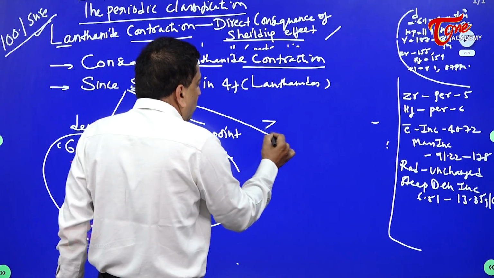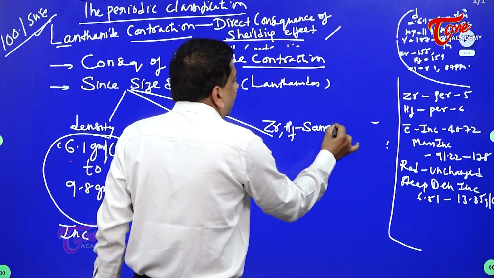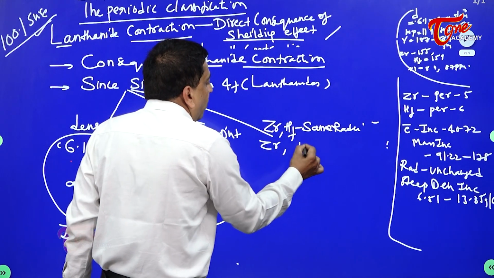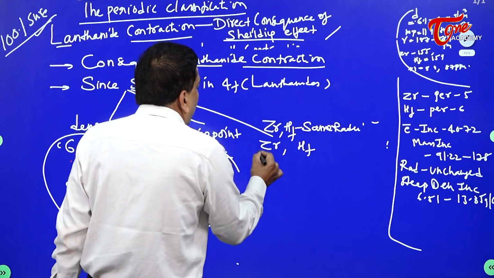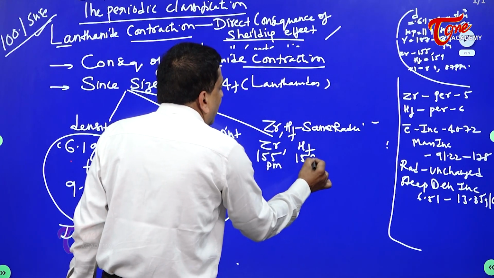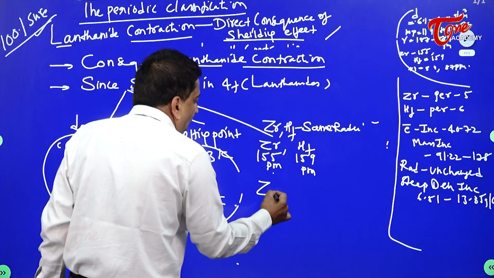First, zirconium and hafnium have same radii: one is 155 picometers and the other is 159 picometers.